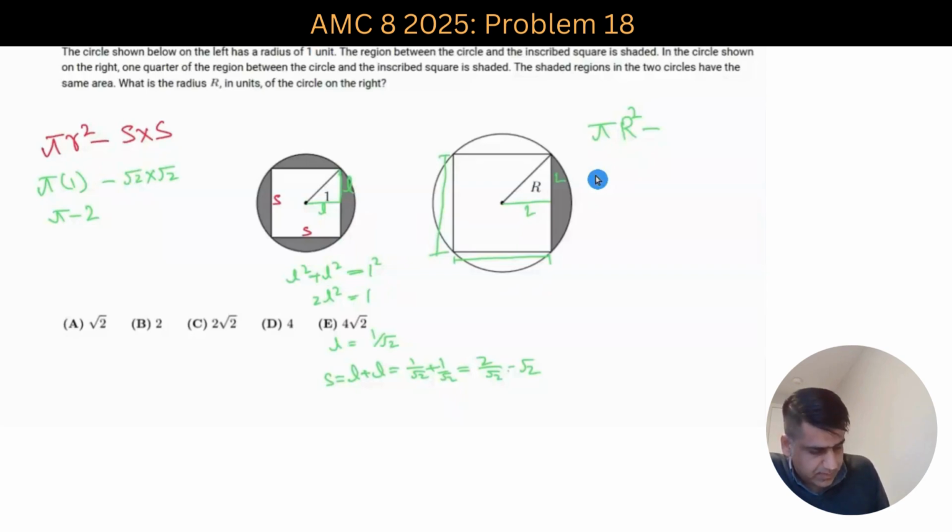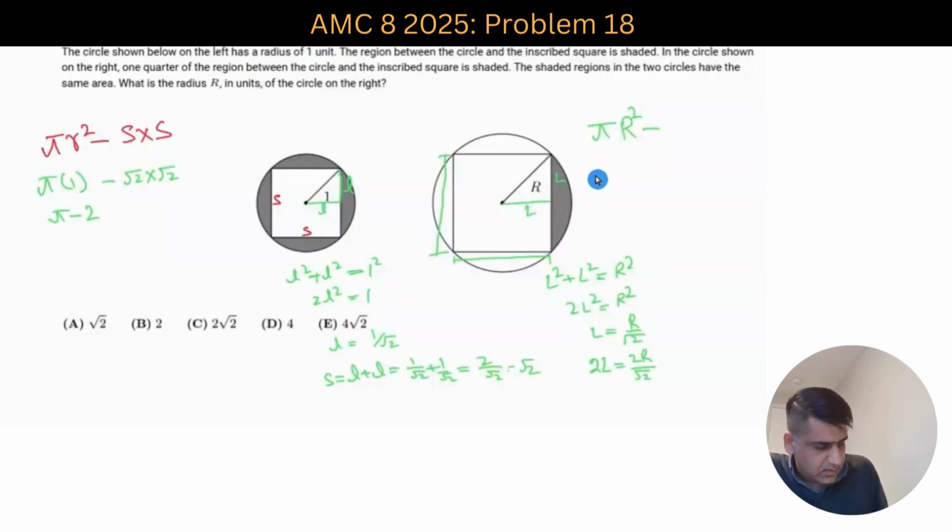So again, if I apply, I will have L square plus L square is equal to R square. 2L square is equal to R square, and then I will have L equal to R over square root of 2. And if I add, I will then get 2L, that will be equal to 2R over square root of 2.